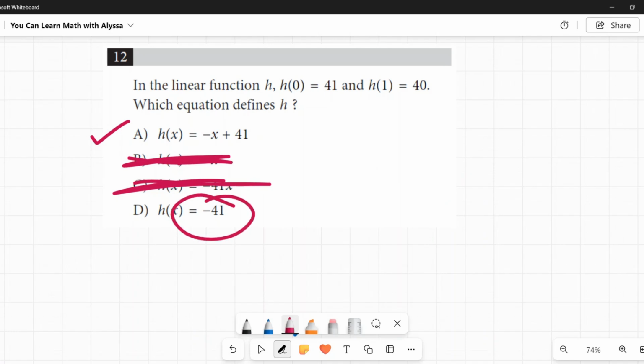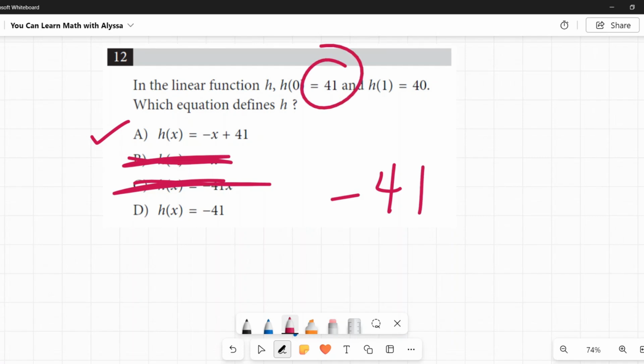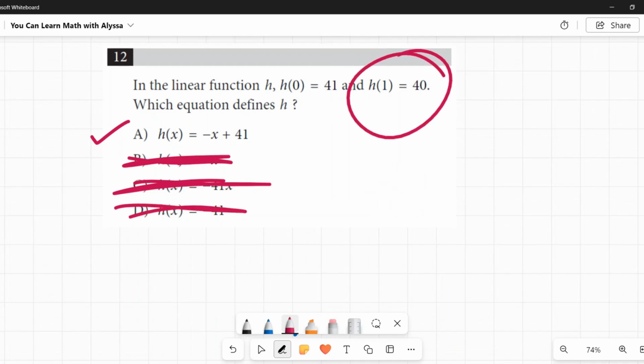When you see there are no x's there, it just means whatever number you put in, it's going to be negative 41. So if I plug 0 in, I'm going to get negative 41. Is that 41? No, it isn't. So D is out. I don't even have to do anything else. I'm going to, just to prove it to myself, but yeah, you already know A is your answer.